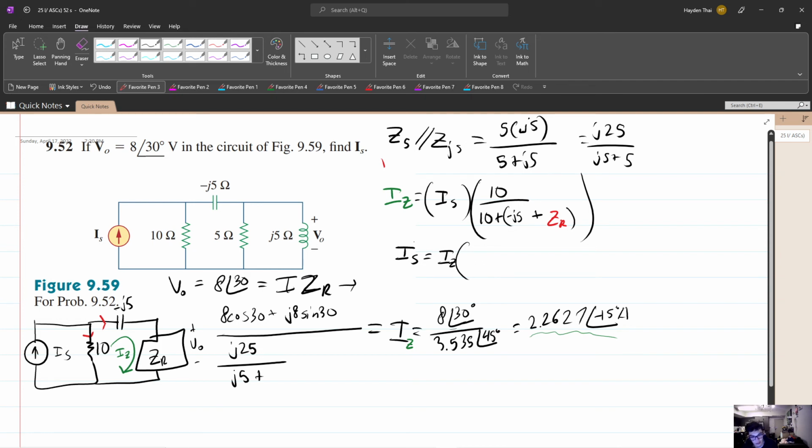Because we're basically just switching these two variables. To switch IS and IZ, we just have to multiply the other one by the reciprocal. So let's do that.